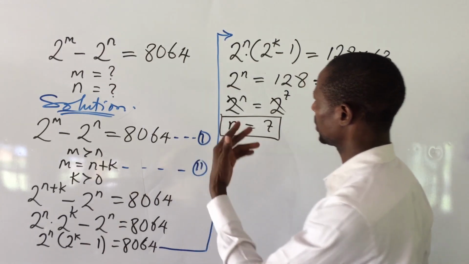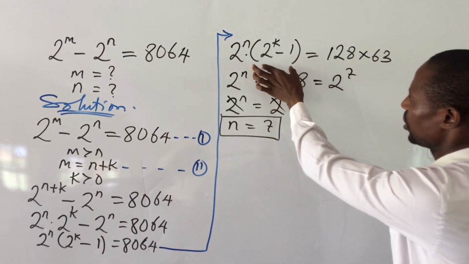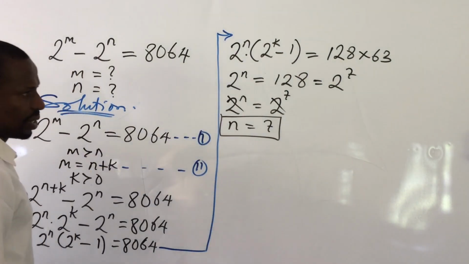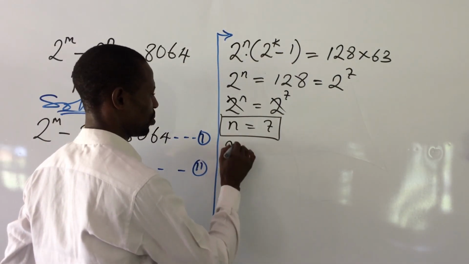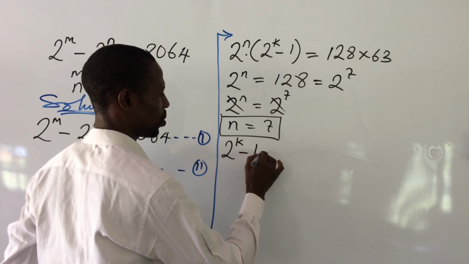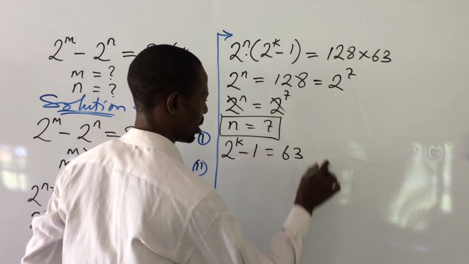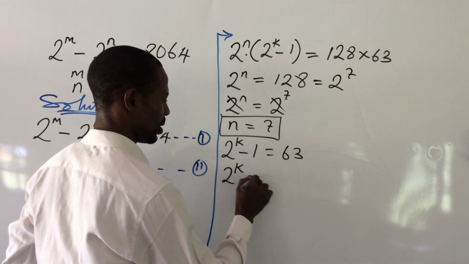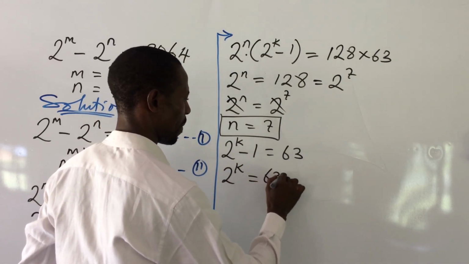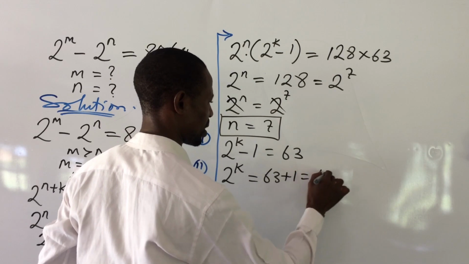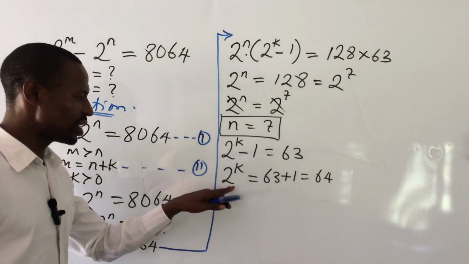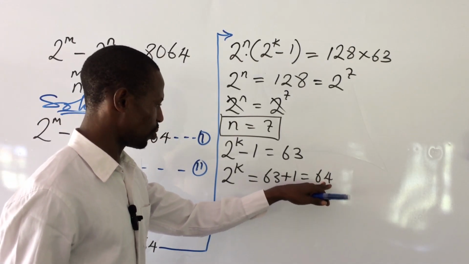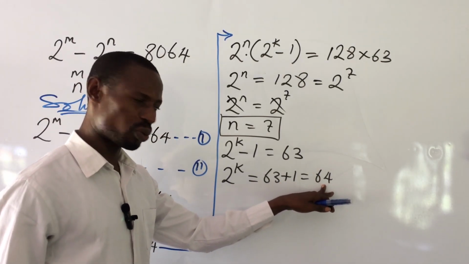Now we take case 2, where we equate this to the second side. So in case 2, we have 2 to the power of k minus 1 equals 63. Take this to the other side. So we have 2 to the power of k equals 63 plus 1, which equals 64. Considering this base, which is 2 here, we can equally express 64 in base 2.